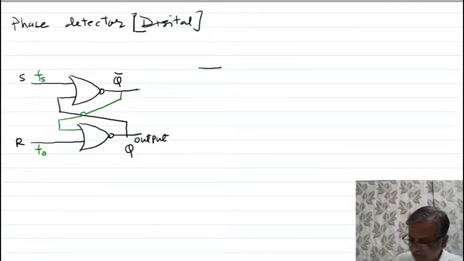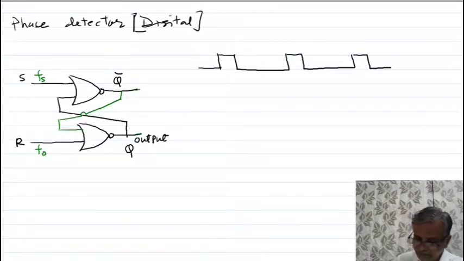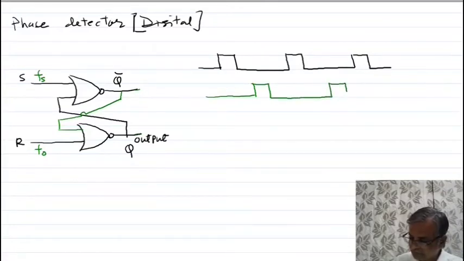This is the incoming frequency Fs. Here I am showing the output of the VCO.